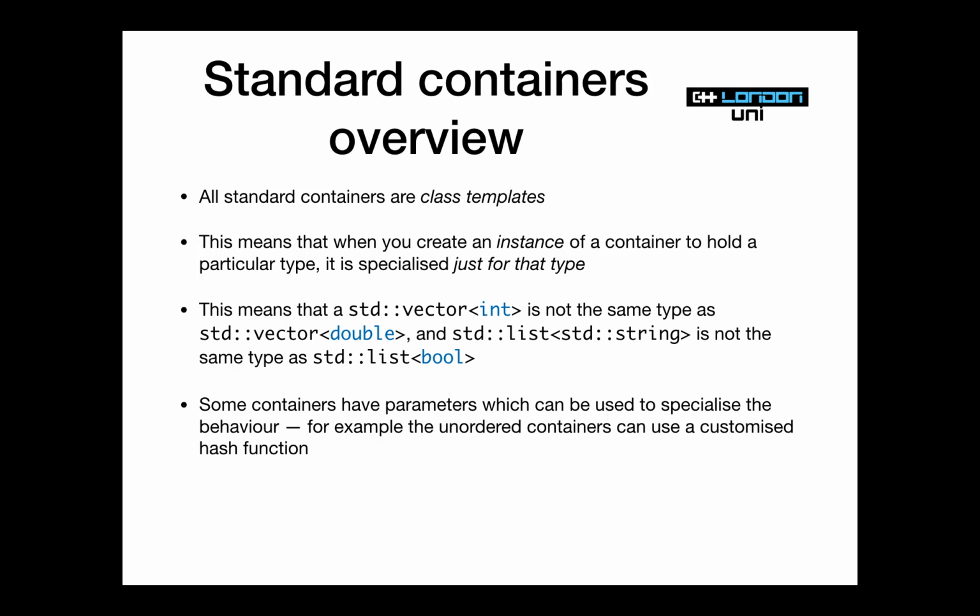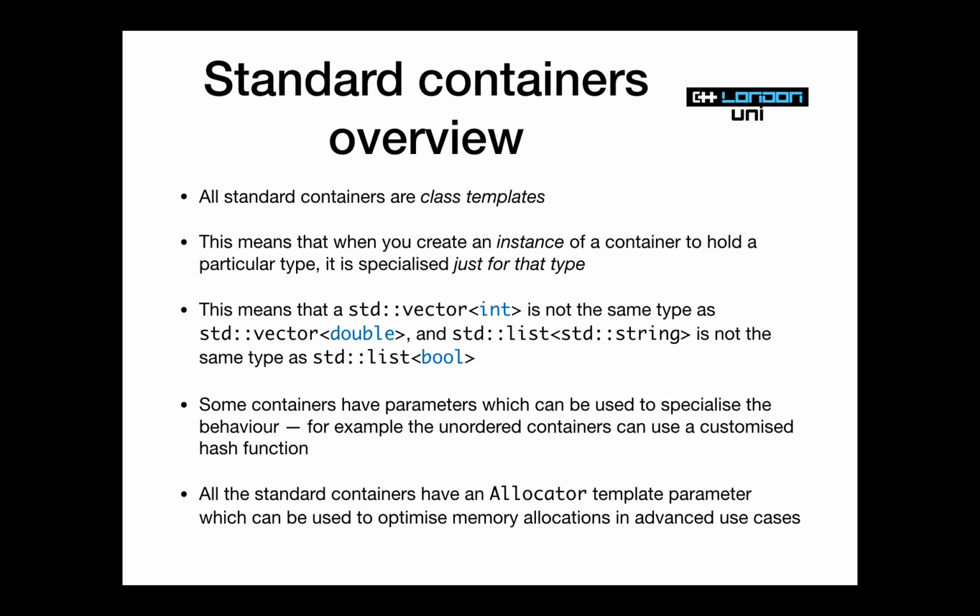We can also, again, I'll put this in mostly for information if people want to go and do a bit more reading themselves. You can specialize the behavior of these containers in many ways by providing template arguments. So you can customize the hash function that's used for the unordered containers, for example. And you can also specify what kind of memory allocation you want to do.